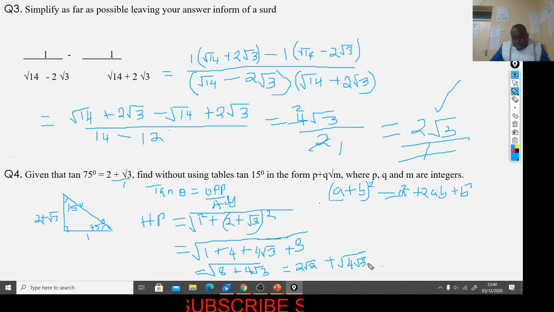The root of 4 is 2. So this gives you 2 root 2 plus 2 root 3.